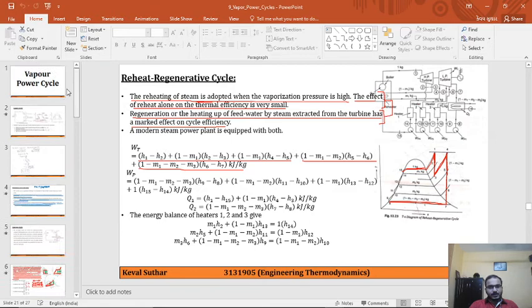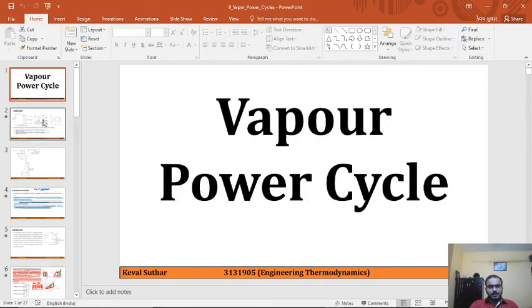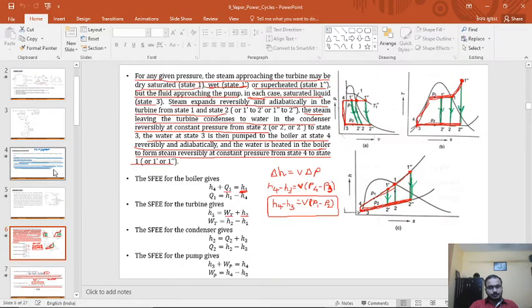So what was the concept behind the vapor power cycle? Here we have a phase change happening in the working fluid, from liquid to vapor and vapor to liquid again during the cycle, and most importantly here we are getting work output, and these are all working in a natural way.